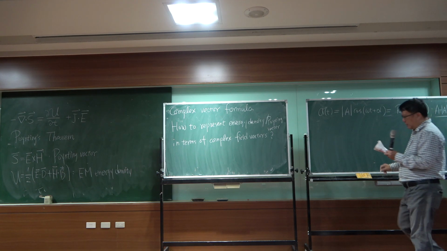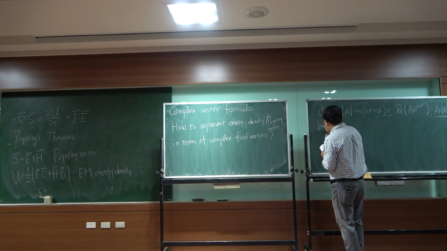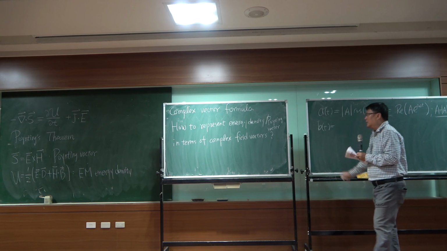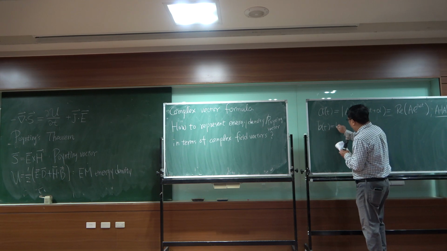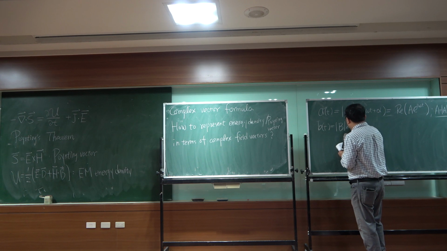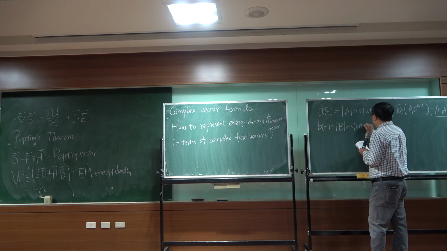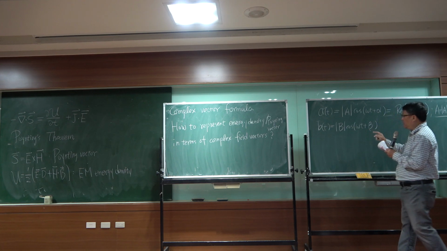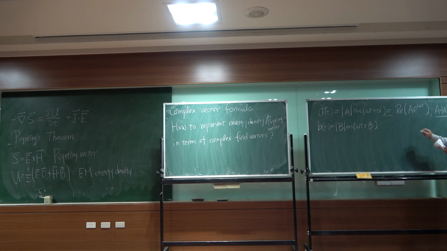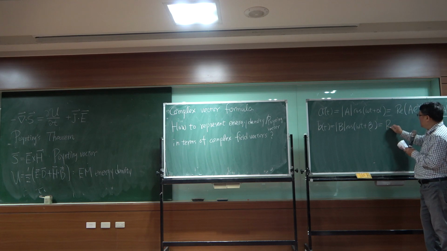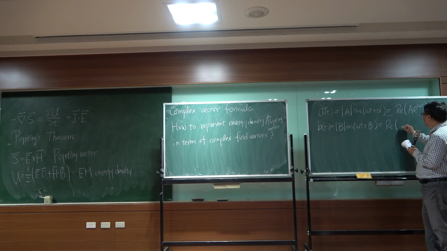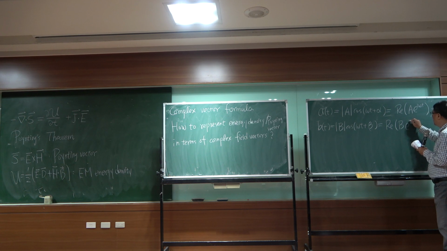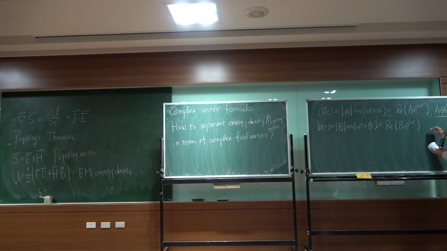Okay. And I consider another quantity, I call it B. Now it has phase beta, and I can write this as the real part of B e to the I omega t. And here B is the absolute value of B times exponential I beta.